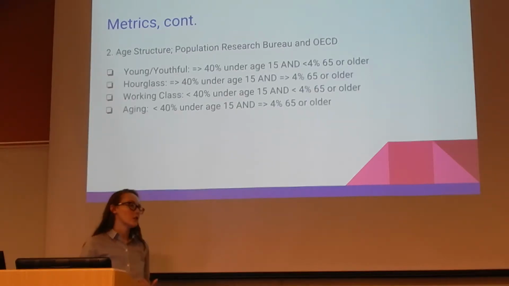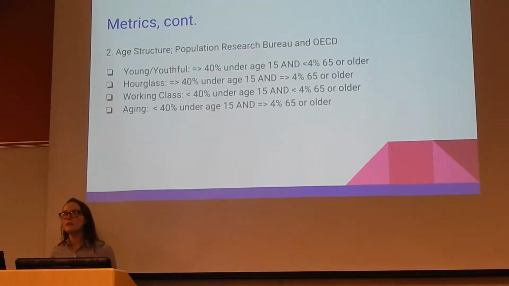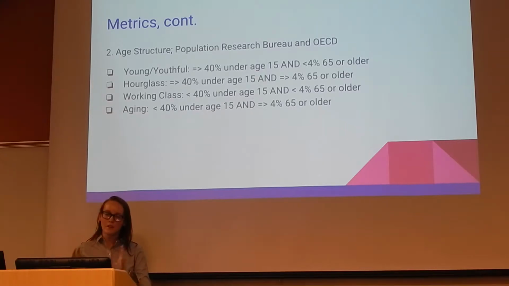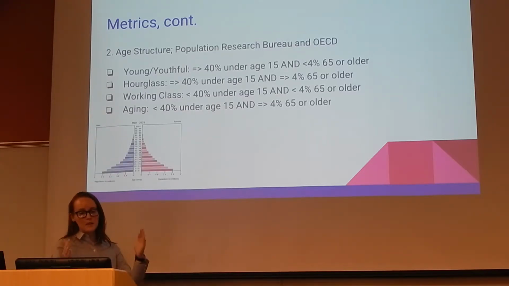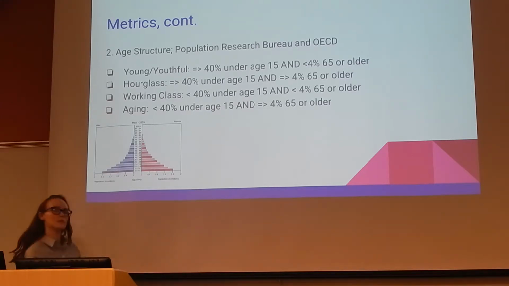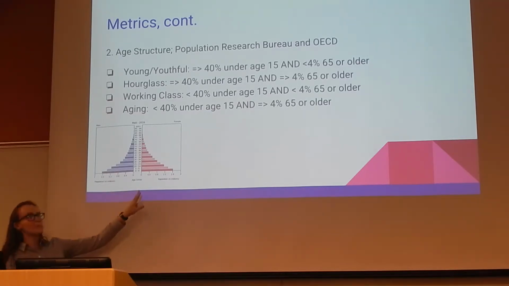Then I have age structure, and that's using information from a couple of different international and national agencies. So we have young or youthful, hourglass, working class, and aging. It's all standardized on ages 15 and younger, 65 and older, and everything in between. So this here would be a young or youthful population pyramid.